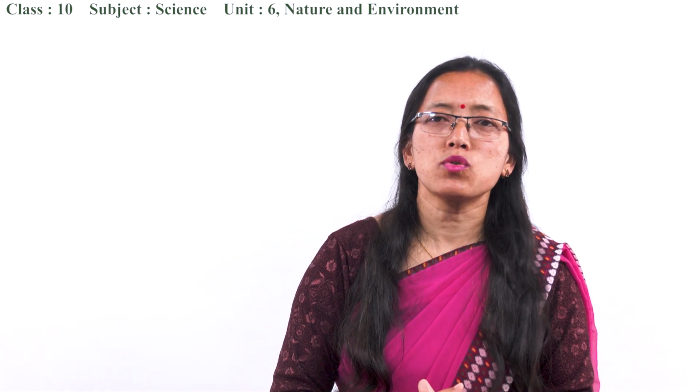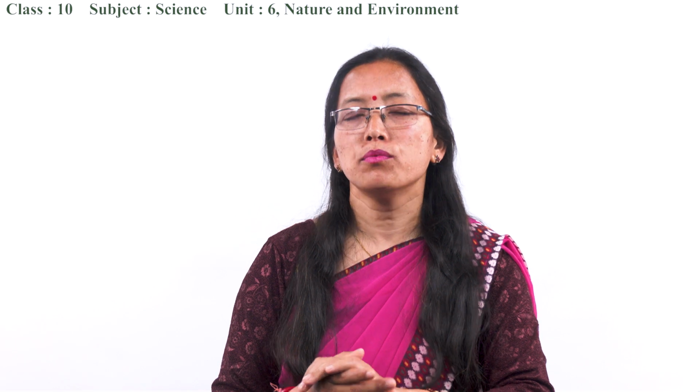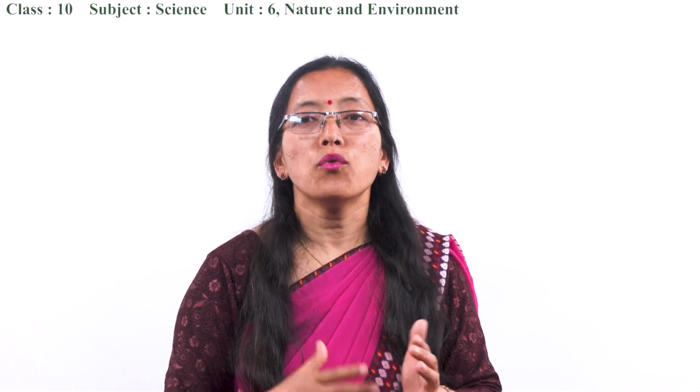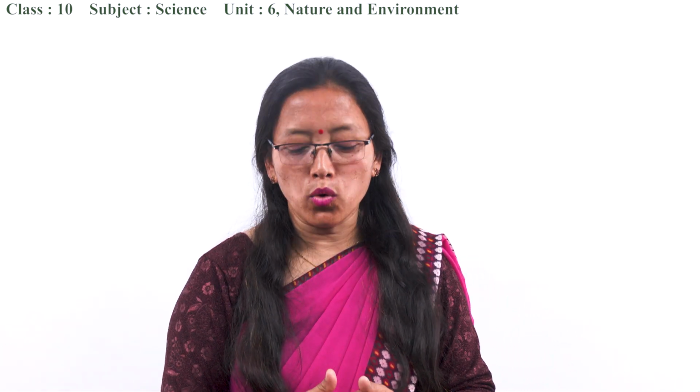So, we have discussed various types of plants. Today we discussed especially four medicinal plants, and also the general concept of medicinal plants. So, what we have learned today, let's check through certain questions.